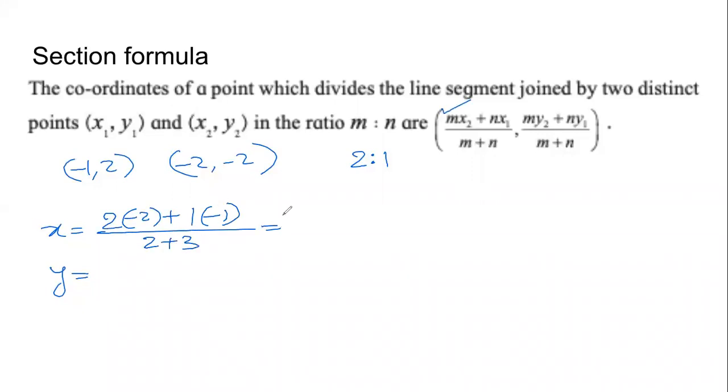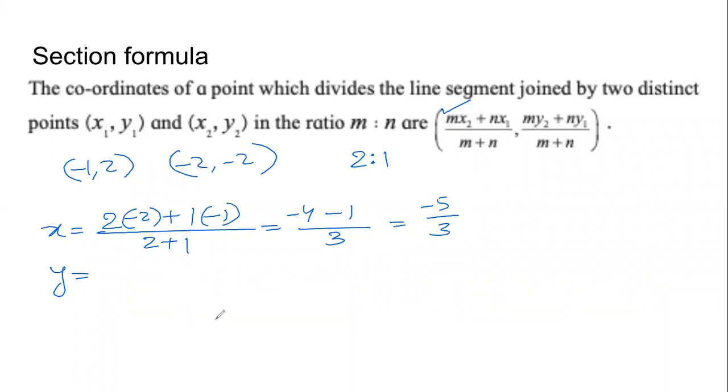So 2 into minus 2 is minus 4. 1 into minus 1 is minus 1. 2 plus 1 equals 3. So we have minus 5 by 3. Chanda and Prachi, correct answers.